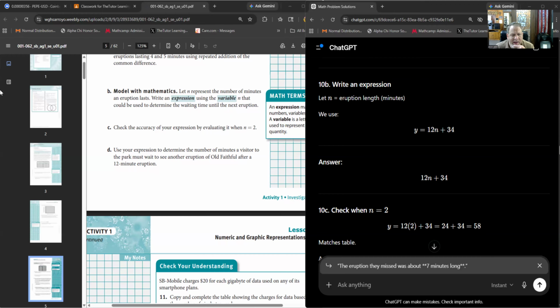All right, check the accuracy of your expression by evaluating it when n equals 2.